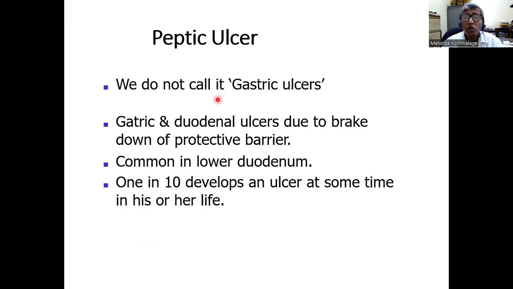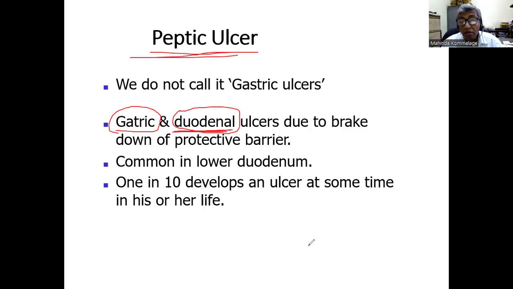We don't call it just a gastric ulcer, but mainly we call it a peptic ulcer because it occurs not only in the stomach, it occurs in the duodenum also, right? That is very important to remember. Peptic ulcer will occur in the duodenum also, right? Probably more than in the stomach, it will occur in the duodenum. So therefore, we call it a peptic ulcer collectively.